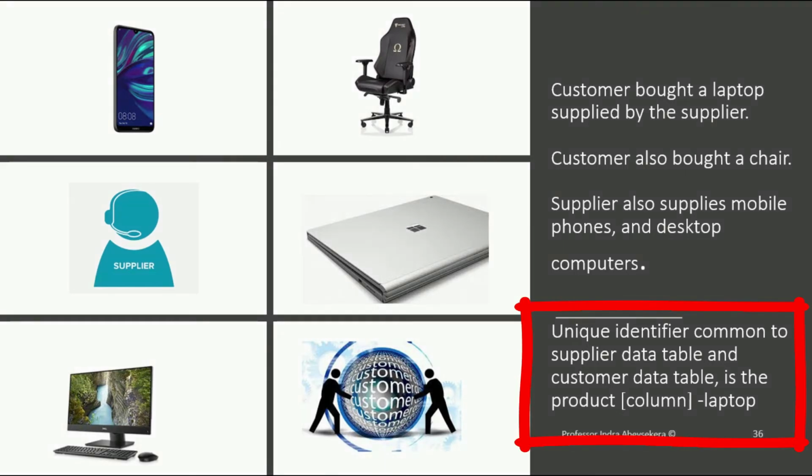So through that product, we can connect the supplier database, customer database, or purchases database and the sales database. We can establish a relationship between these two databases using product as a common identifier, but the product should appear as a field in the supplier and also for the customer.